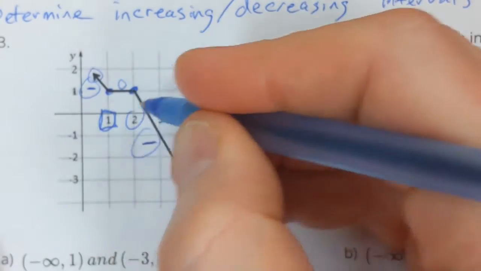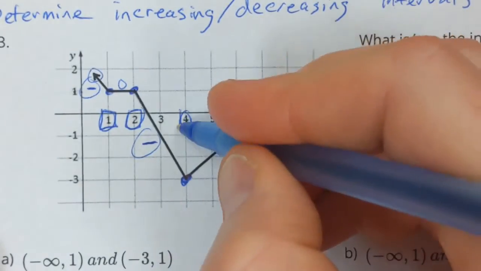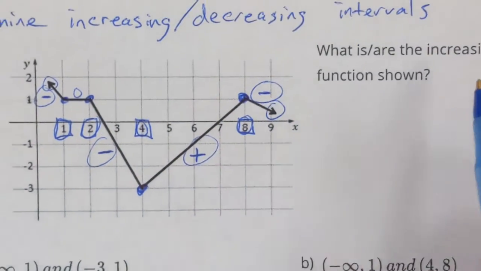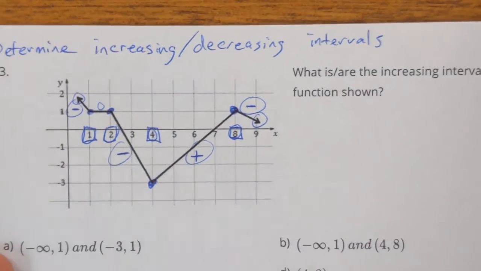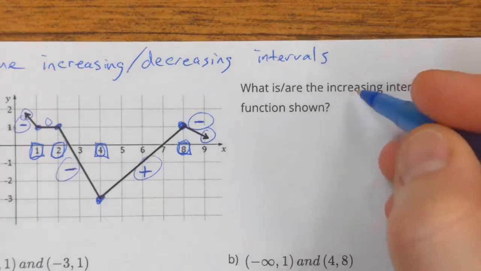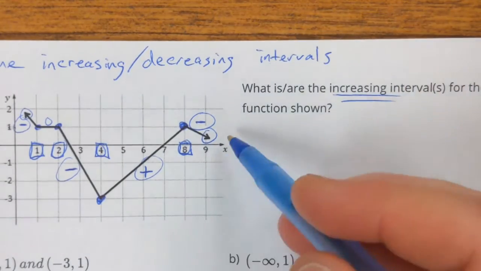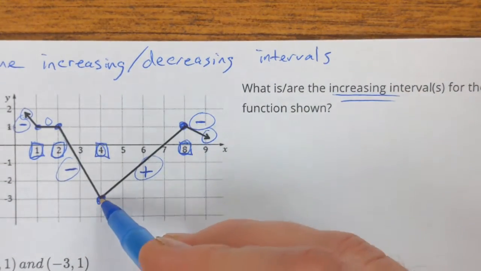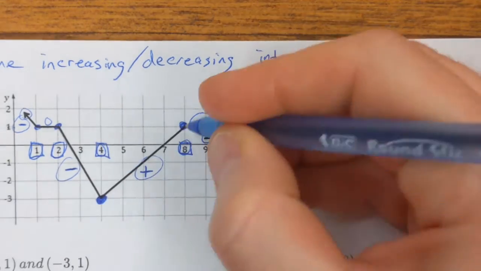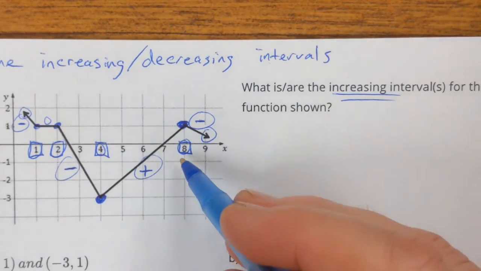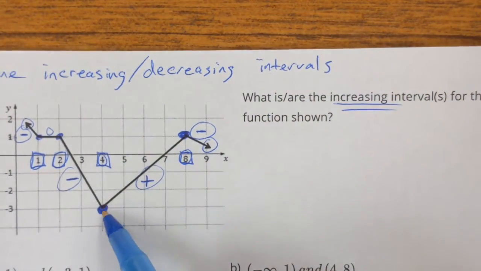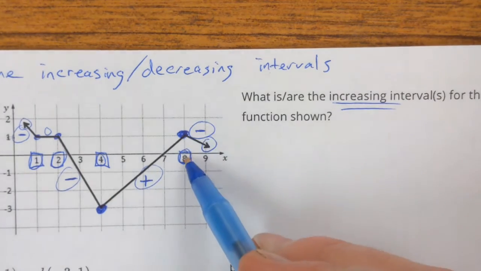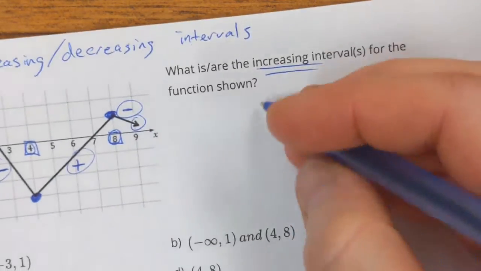Okay. All right, let's put this into kind of a mathematical language. What is or are the increasing intervals for the function shown? The only time this graph goes up is during this interval from this point to this point, and you have to look at the x-coordinates. This point has an x-coordinate of 4. This point has an x-coordinate of 8.